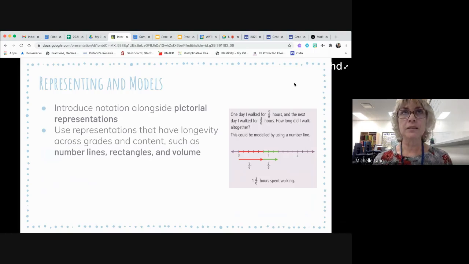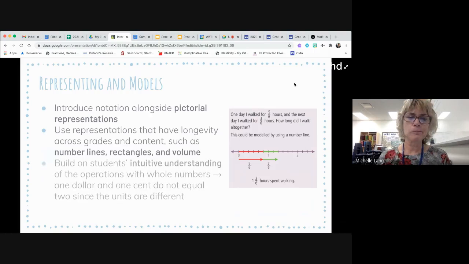The pizza model is one that students use often in primary, but it doesn't have a lot of longevity across grades with content. So we want to stick to models like number lines, the use of rectangles, and volume, so that measurement connection, and the number lines, which also look at measurement in that linear model. Those are the ones that students will be able to use with various number systems as they continue on in mathematics.